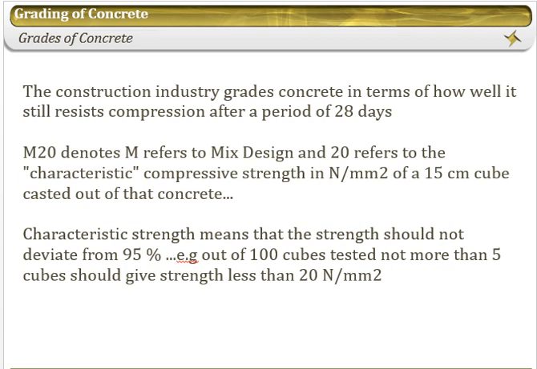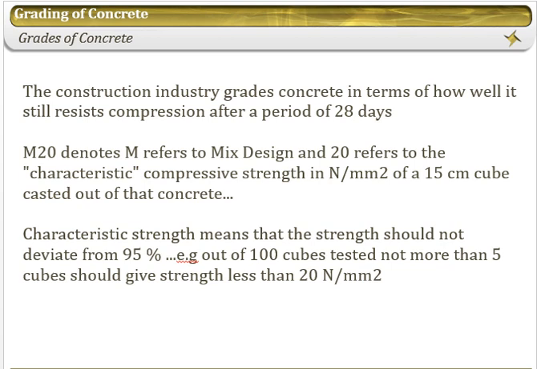How to find the characteristic strength? Firstly, we prepare a cube of 15 centimeters. It is cast, and after some time of curing, we test the cube by CTM machine after 28 days; that strength represents the characteristic strength.